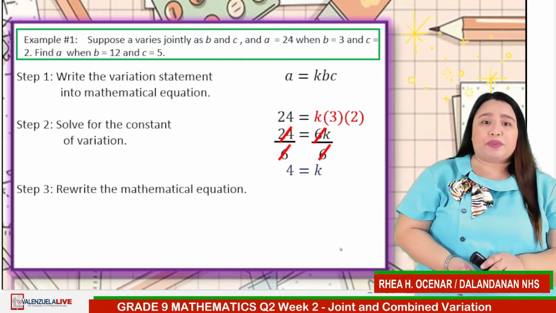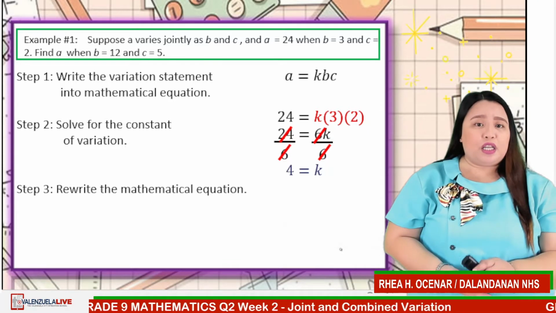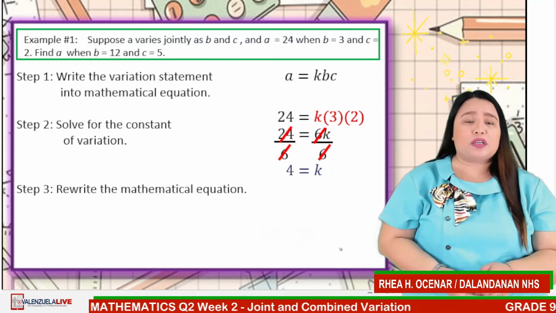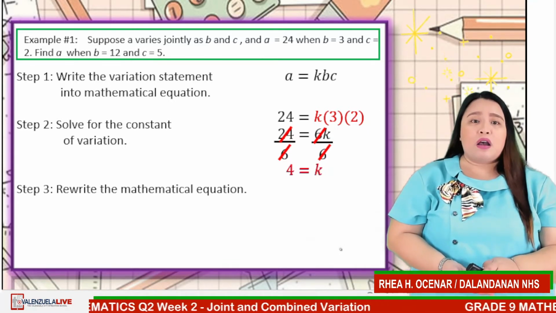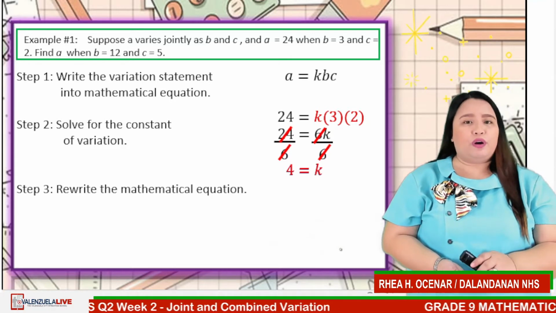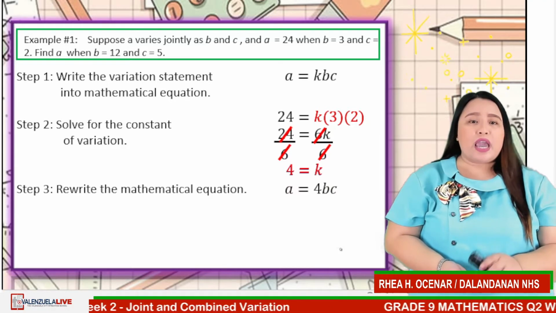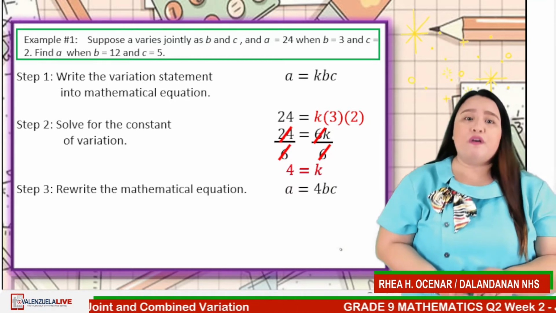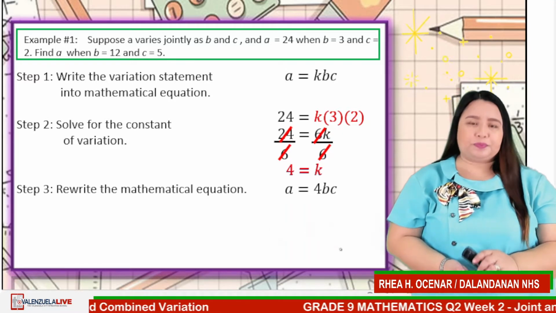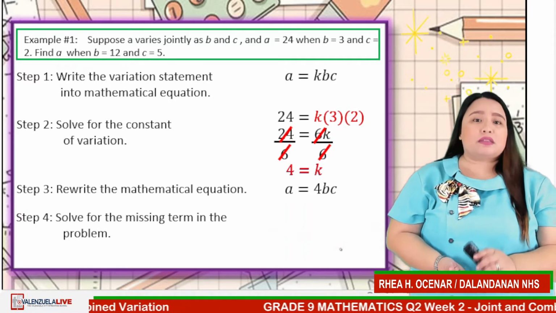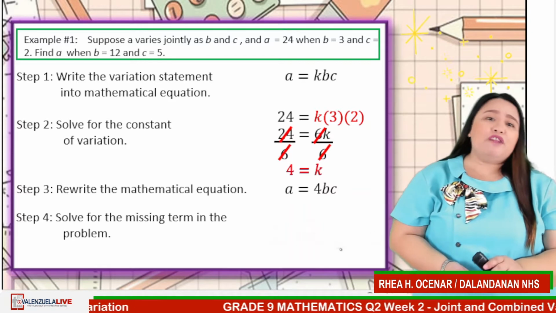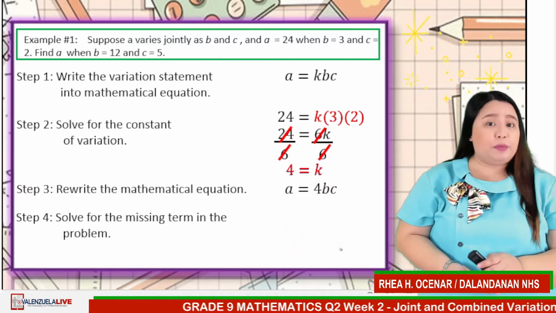Step 3. Rewrite the mathematical equation by putting the constant term K is equal to 4. So we have A is equal to 4BC. Step 4. Solve for the missing term in the problem.